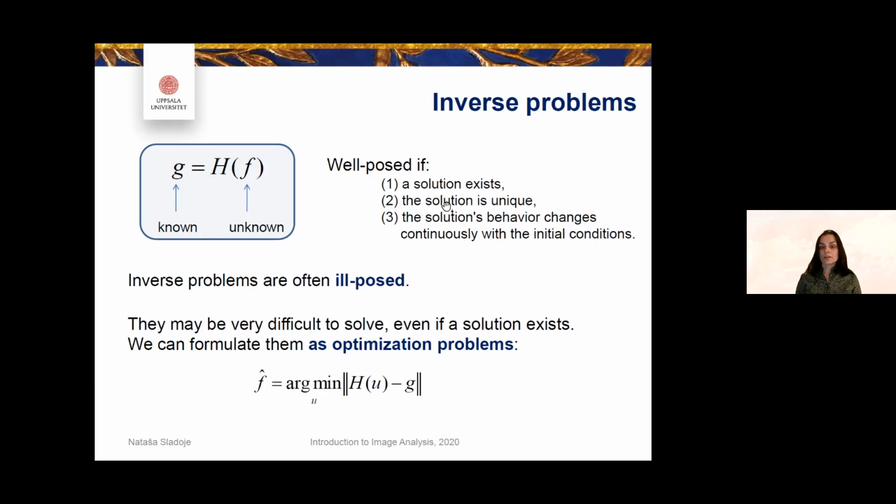So that would mean, for example, that we are lacking equations in our system that will determine our solution, and then we know that we so often need to, let's say, add some additional constraints that will help us to solve the problem.